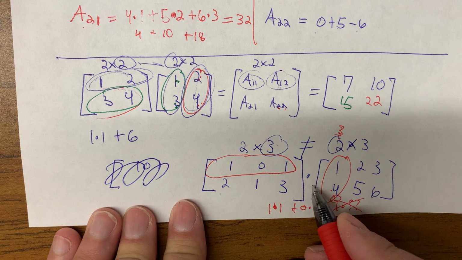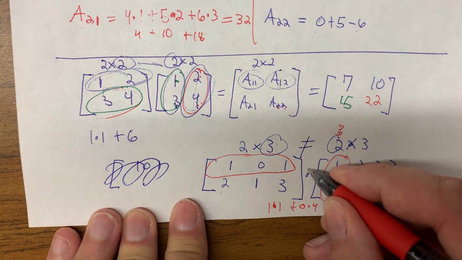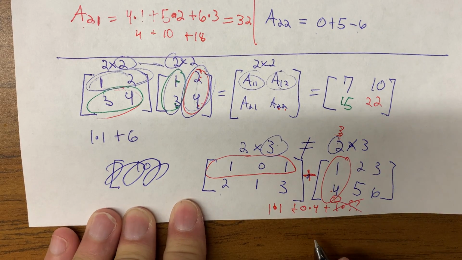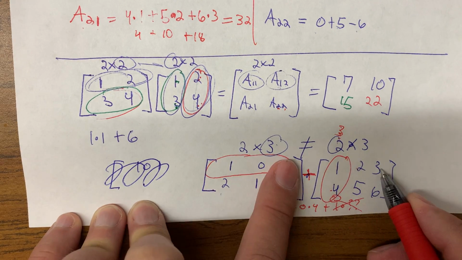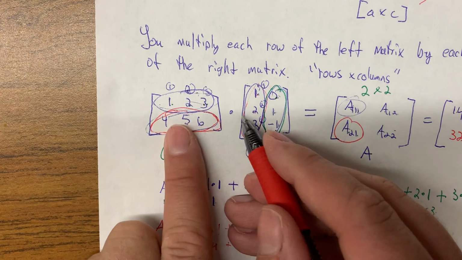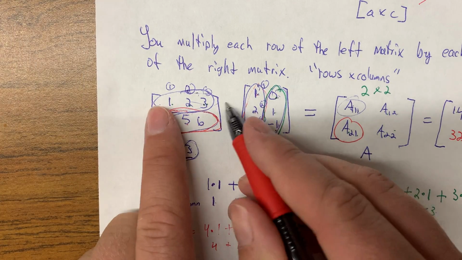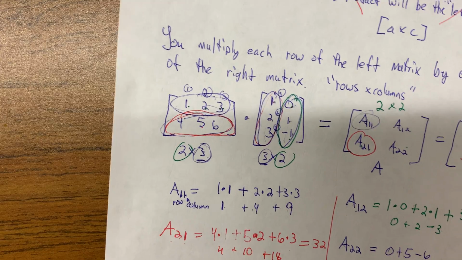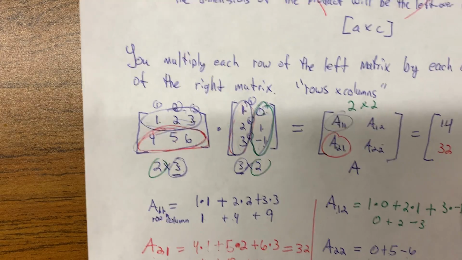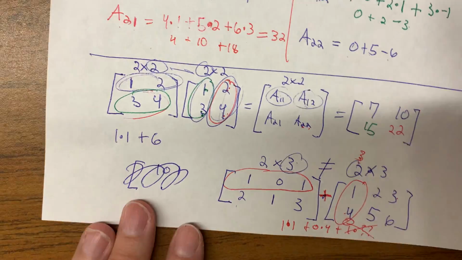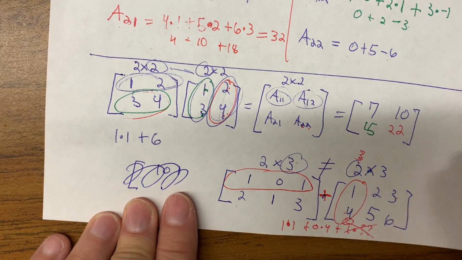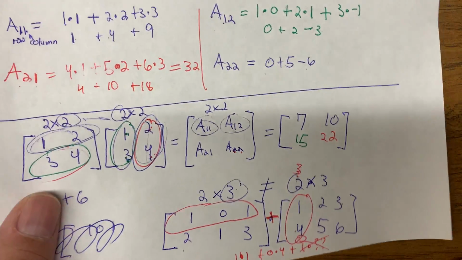Now notice, if you were adding these, you could add them because you would just add the corresponding elements. If the dimensions didn't match, addition would be undefined because there wouldn't be corresponding elements. Multiplying and adding work very differently. You do not just multiply the corresponding elements, you have to multiply row by column, and that's what makes everything work out.